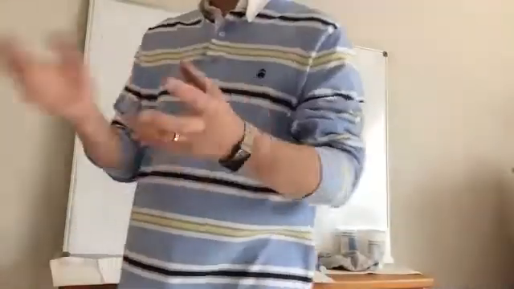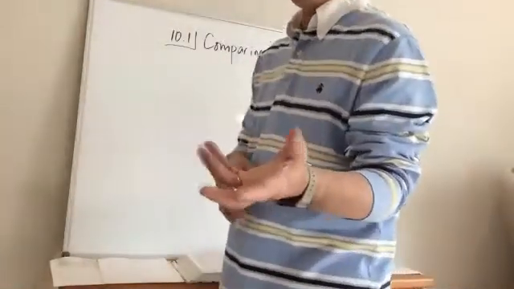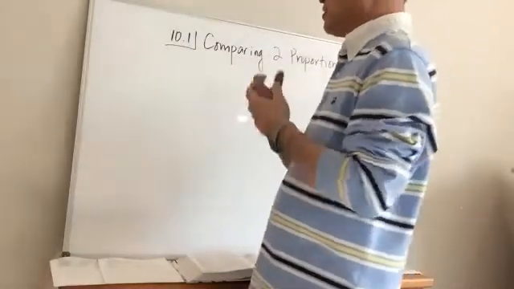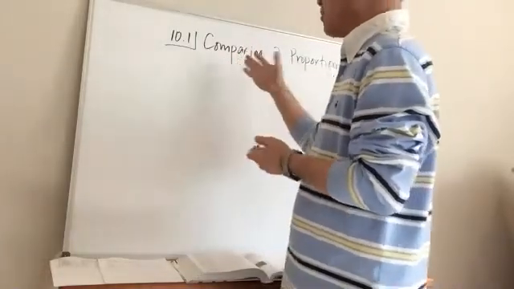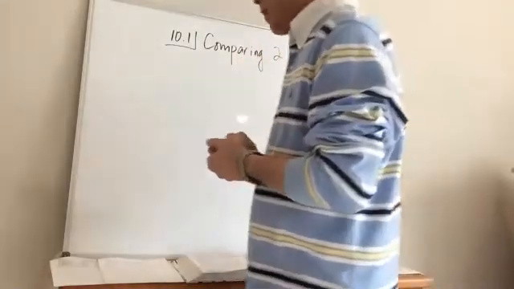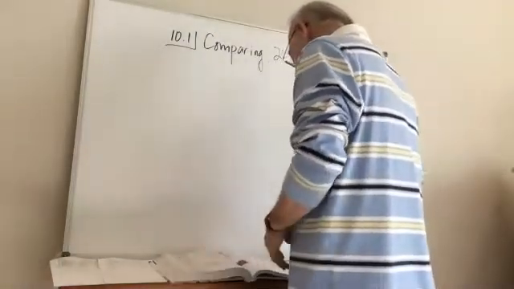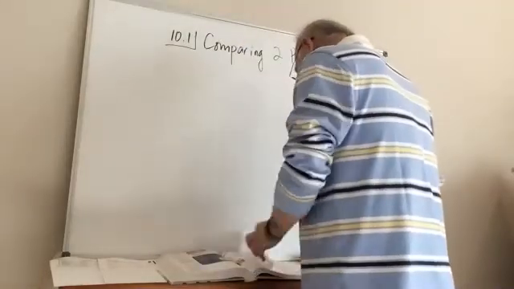So that's the big picture of what we're going to do in chapter 10. In 10.1, we compare two proportions; in 10.2, two means; in 10.3, paired data. Okay, all right, so here we go. Let's do 10.1, comparing two proportions.